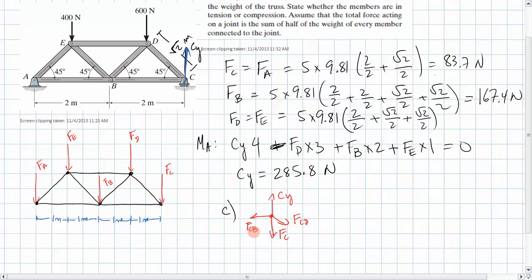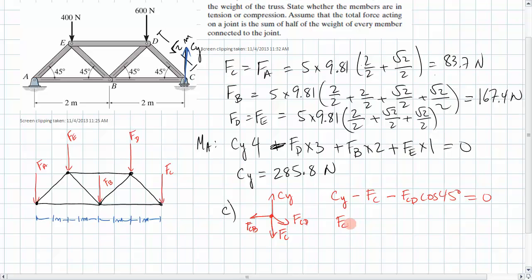So now I can write the equations. Cy minus FC minus FCD cosine of 45 degrees, that's equal to 0.